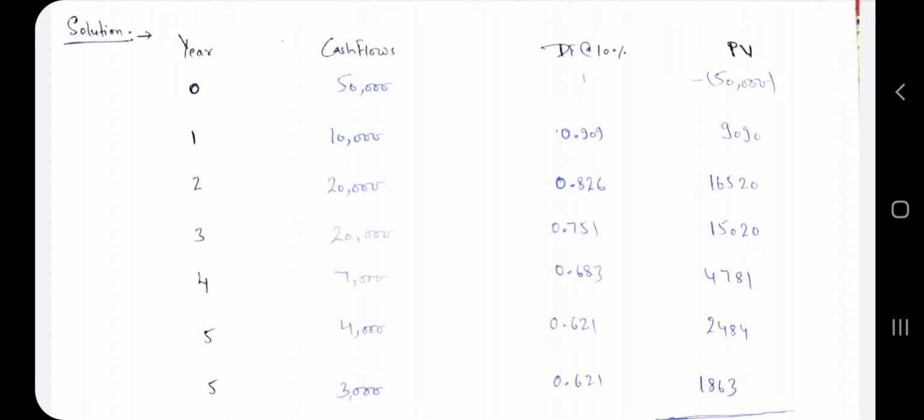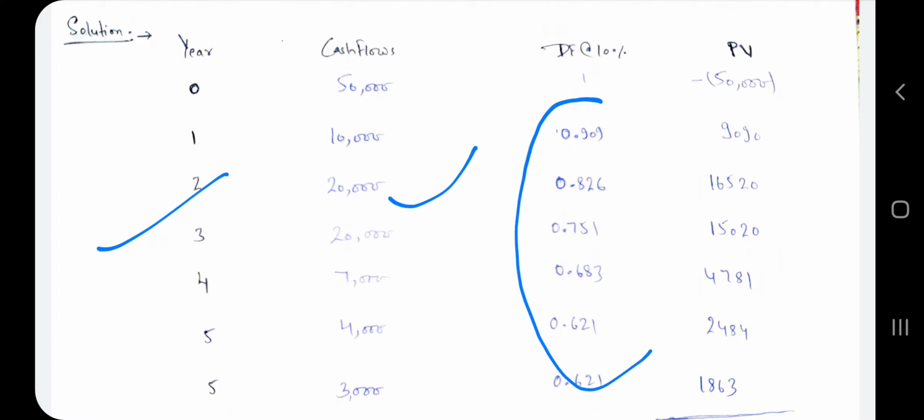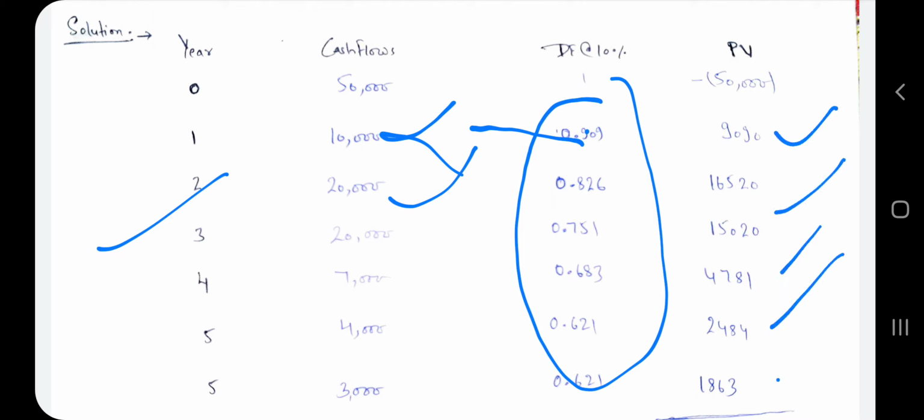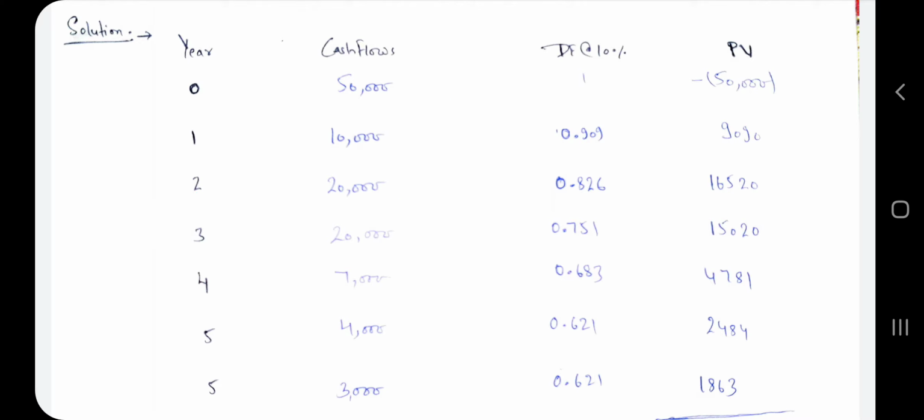Now after finding the discount rate you have to multiply the cash flow and the discount rate to get the present value. The cash flow is given, we simply find the discount rate and multiply it with the cash flow and we get the present value. After getting the present value, we find the net present value, and here the net present value is minus 242.